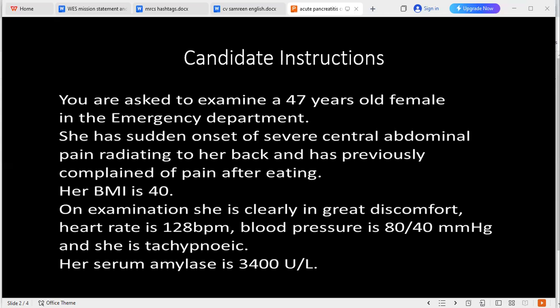Please tell me how many criteria you know which can help you in establishing your diagnosis. Ranson score, APACHE II, CT severity index, Balthazar grading, and Glasgow criteria.